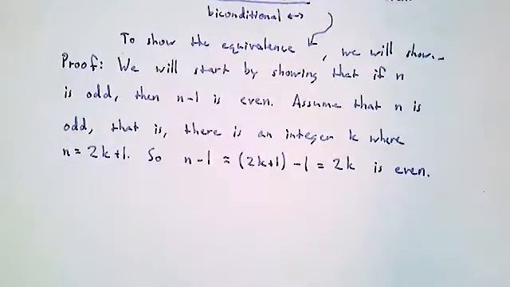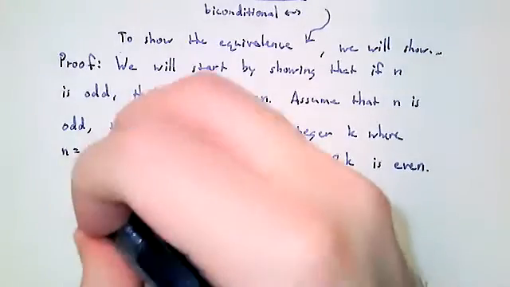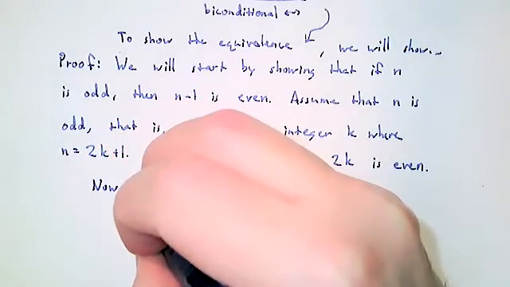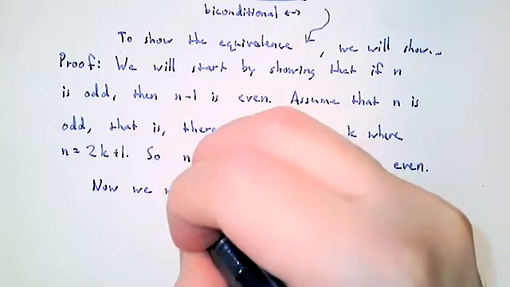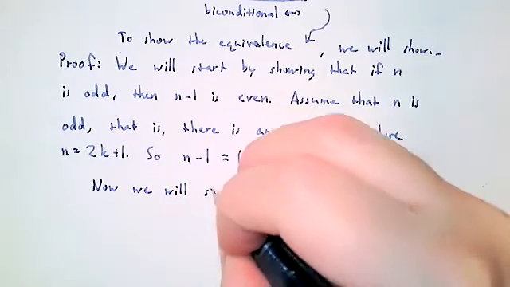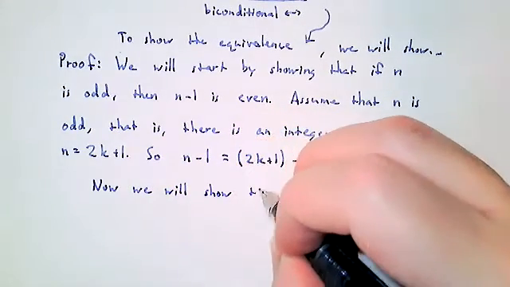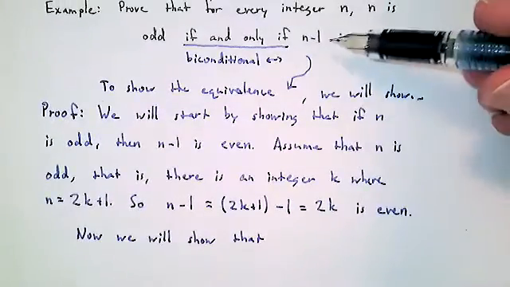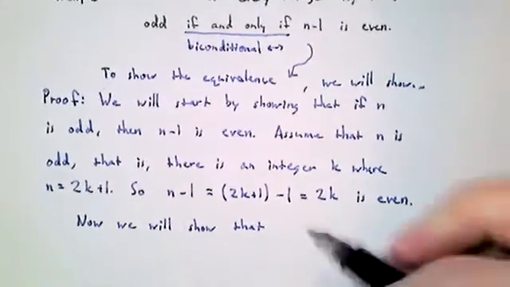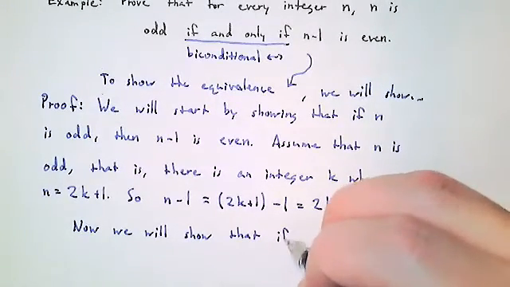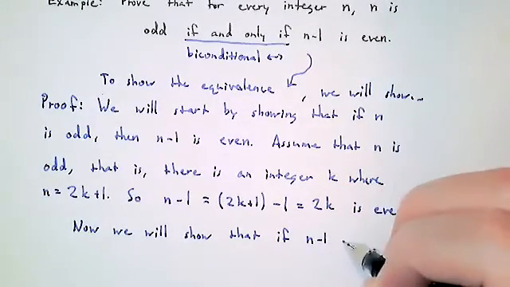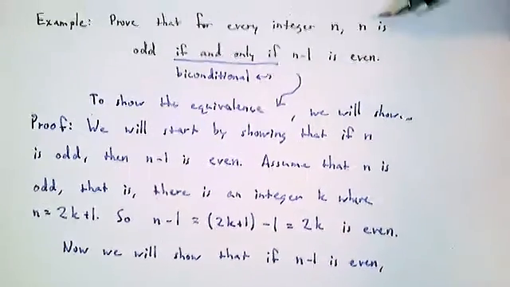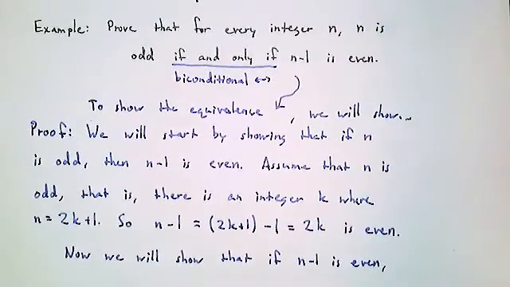Okay, so we finished the first half. Now we need to do the other one. So we need to start over here: if n minus 1 is even, then what we started with, n is odd.